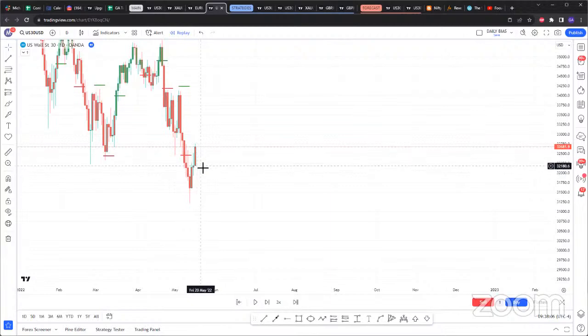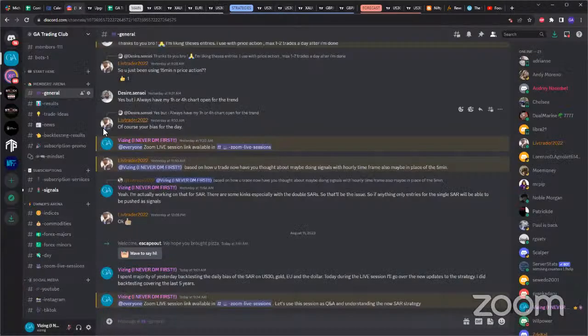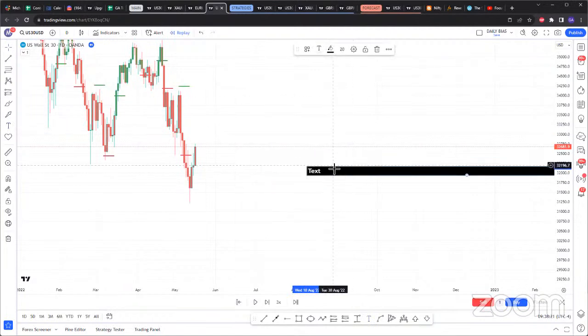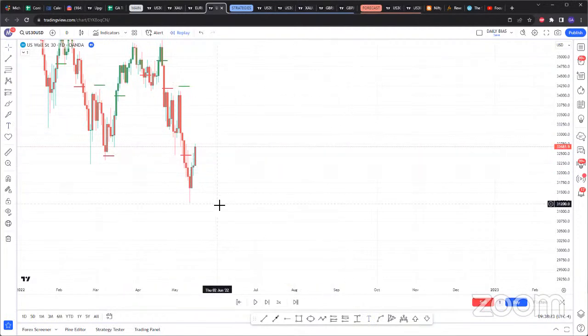The idea I want you guys to consider on the daily is this. To find the daily bias, you need to look at the previous SAR level.